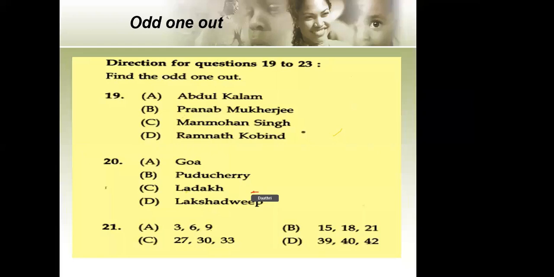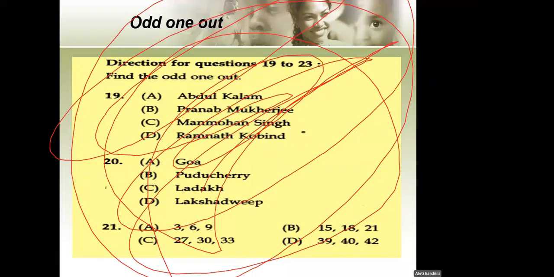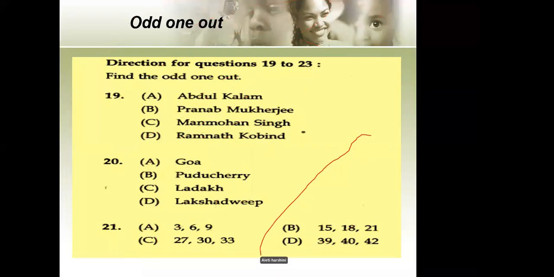Now the directions for the questions from 9th are given here. So odd man out, odd one out. Here 4 options are given: Abdul Kalam, Pranab Mukherjee, Manmohan Singh, Ramnath Kovind. As you know, Abdul Kalam previously acted as President of India.